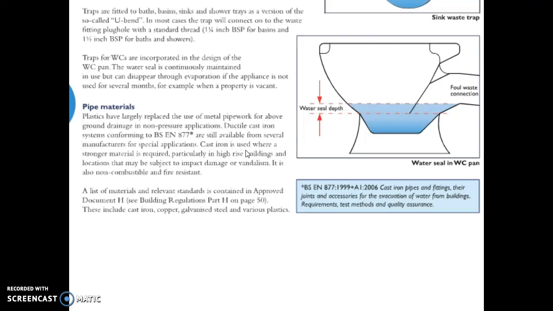There might not be much faith in plastic drains when you're dealing with a large amount of fluid coming down a drainage pipe. So very much depends on the engineer whether they use plastics or cast iron.